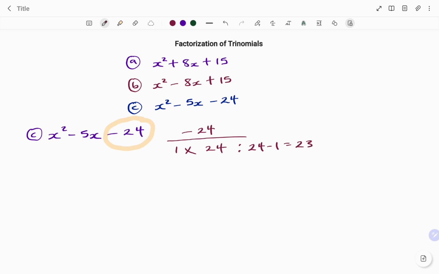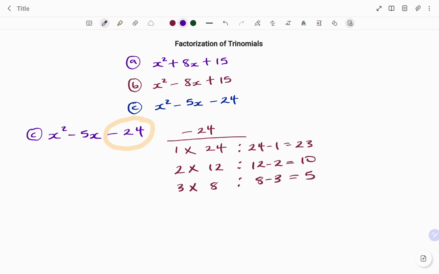I'm going to try 2 and 12. 2 times 12 will give me 24. However, 12 minus 2 will give me 10, and I'm looking for 5 for my difference. Then I'm going to try 3 and 8. 8 minus 3 will give me 5.